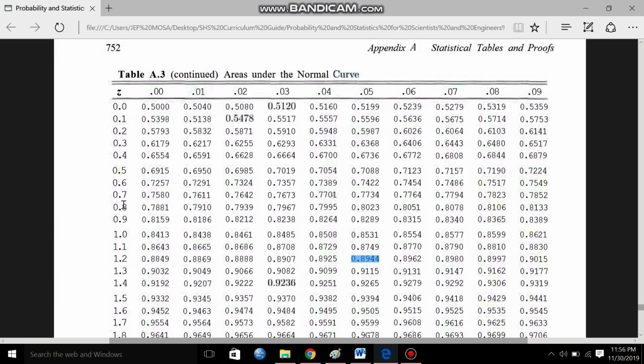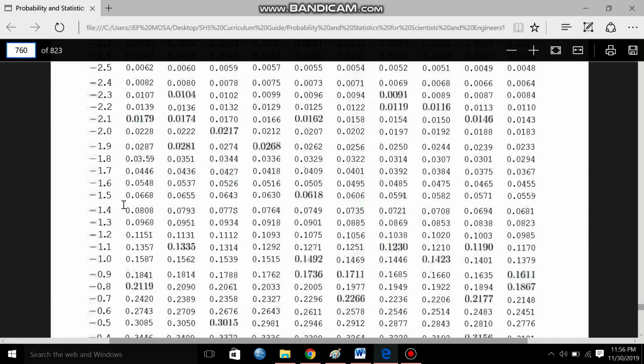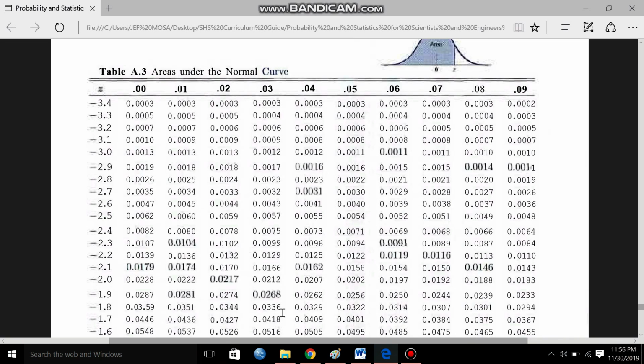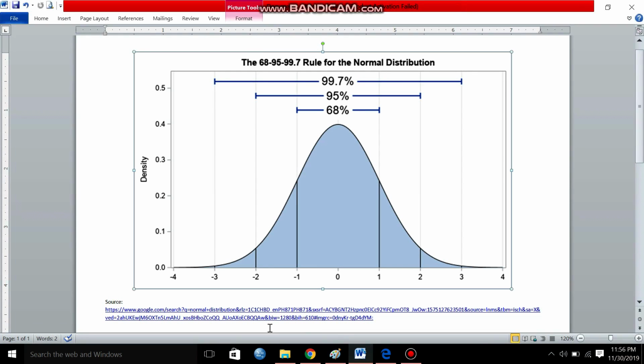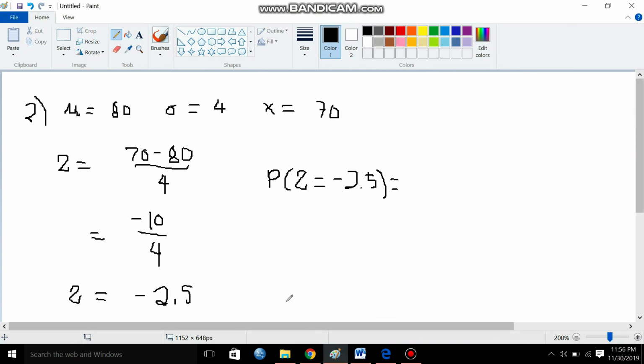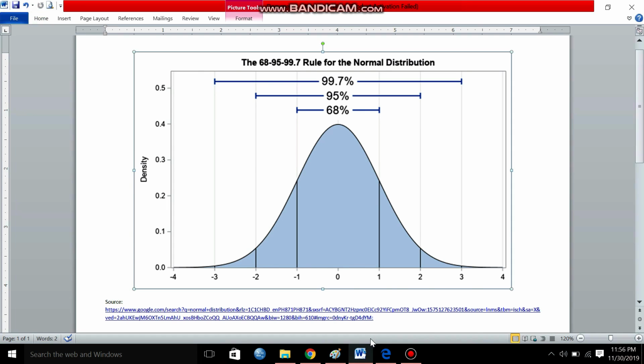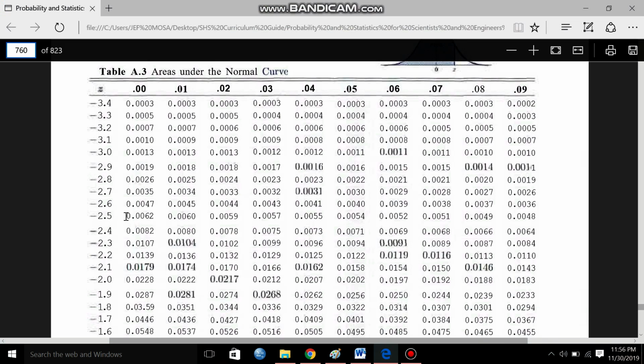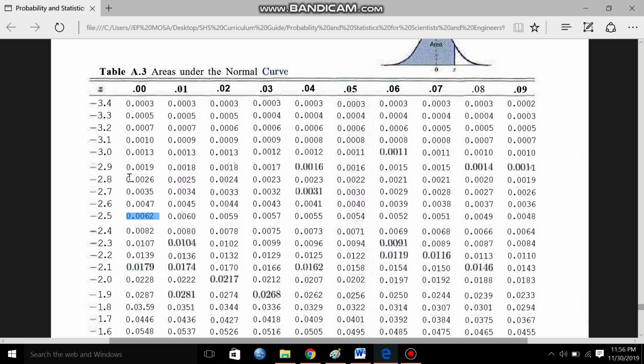So we will again use the z table. This time we will locate negative 2.5 and 0, since we have only one decimal place right here. So we locate the intersection of negative 2.5 and 0.00.